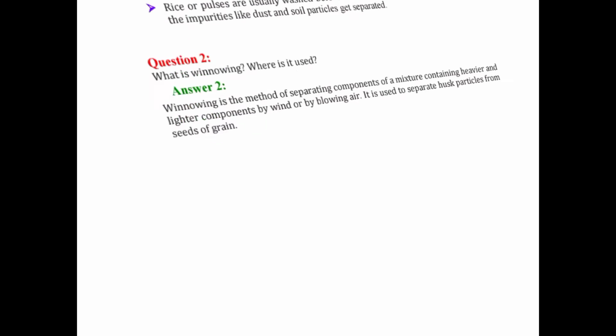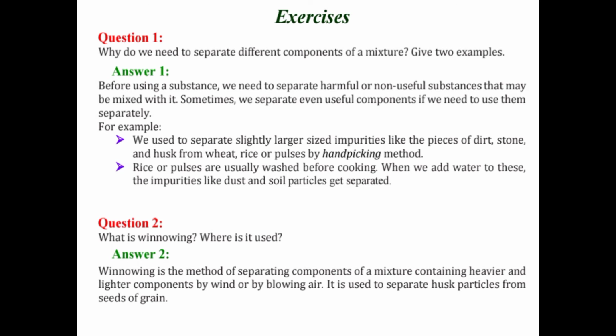Question number 1 of this lesson is, why do we need to separate different components of a mixture? Give two examples. The question asks us, why is it important to separate different components of a mixture?